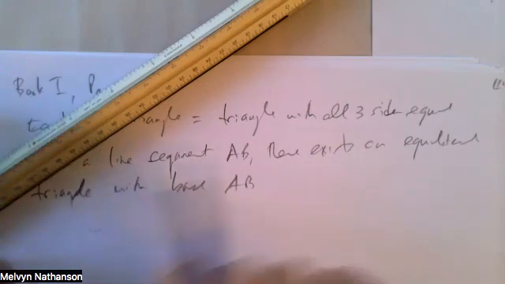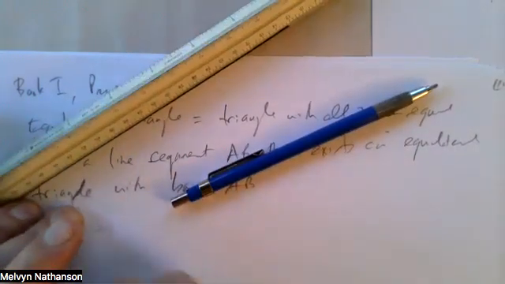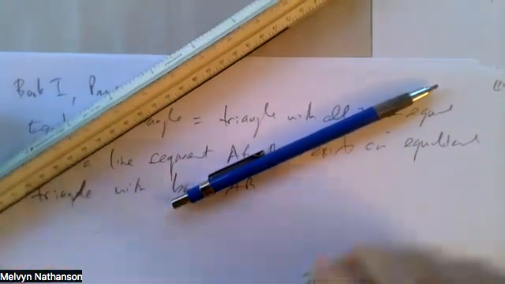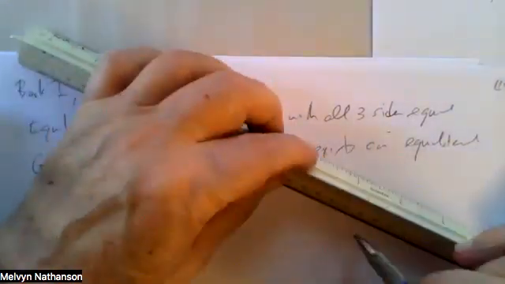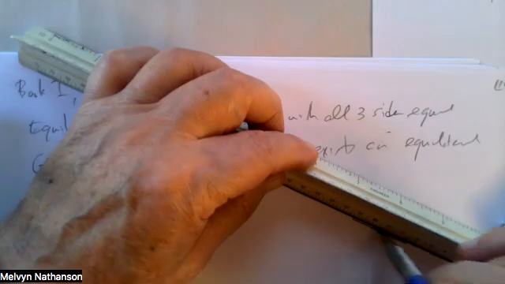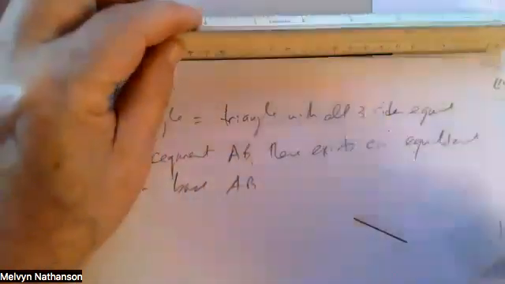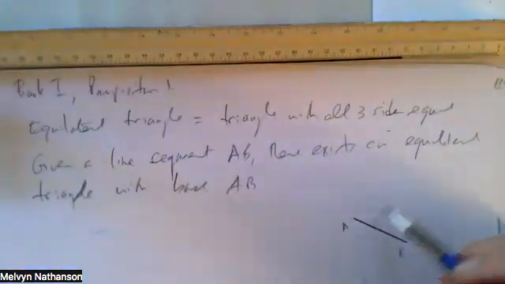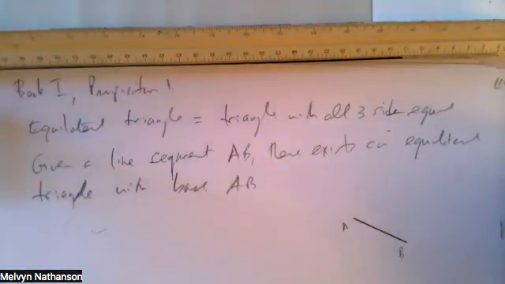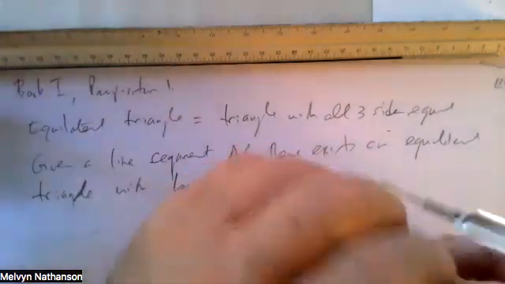Let me draw my line segment in the center. There's a line segment. I want to construct an equilateral triangle with this as the base. So this is what Euclid says.